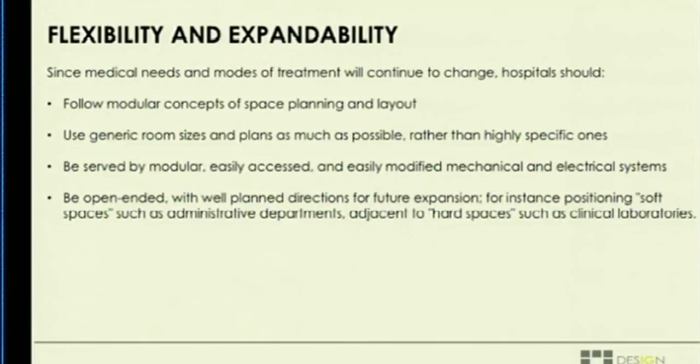Before we start the construction, again we look at it, because things are changing so rapidly. So when you are building, build it as current as possible, and give as much room for change as possible. Modular is one way to go. We have standardized certain rooms and all that.